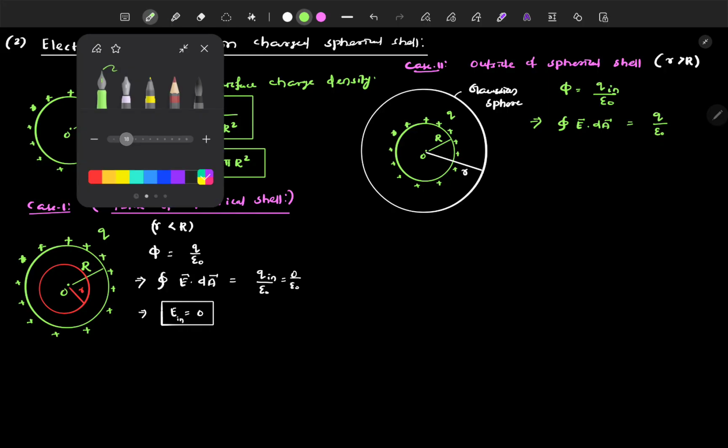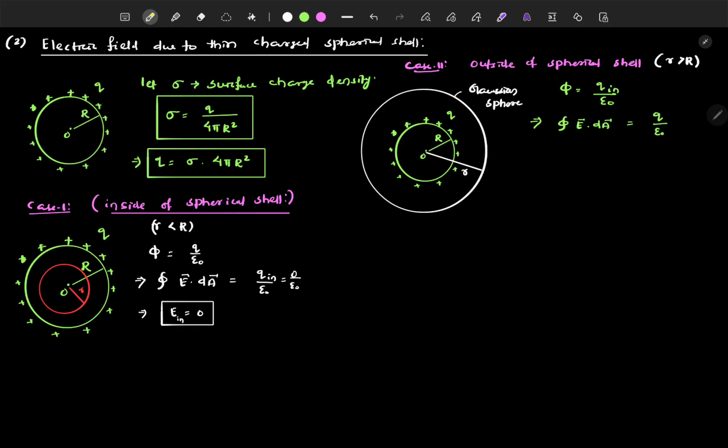Here dA is the area vector along the outer normal, and the electric field is in the outward direction. So E and dA are in the same direction, and we can write closed integral E dA cos 0 equals Q divided by epsilon naught.